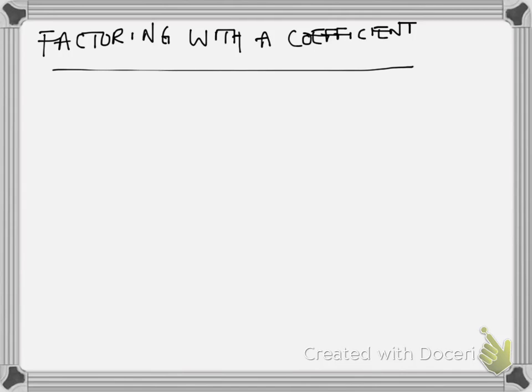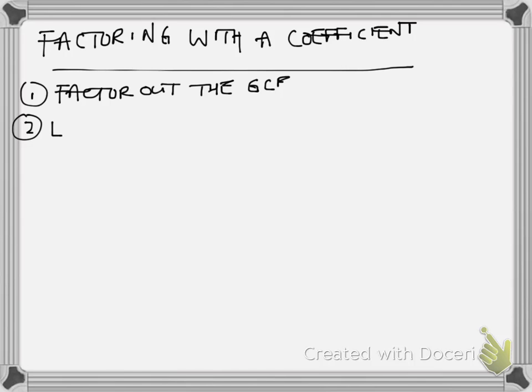So this is going to be factoring with a coefficient. Step number 1 is still factor out the GCF. Step number 2 is still look at the first term to see if it has a coefficient.